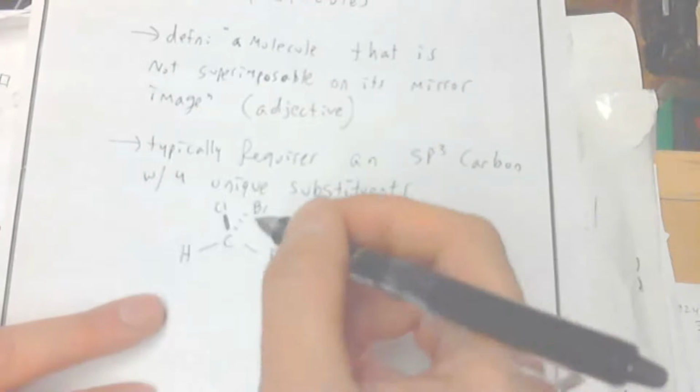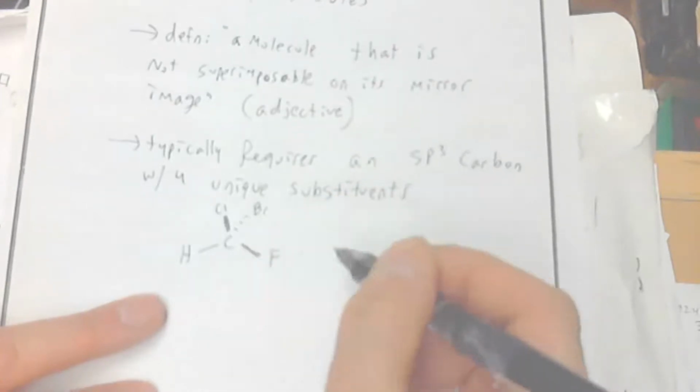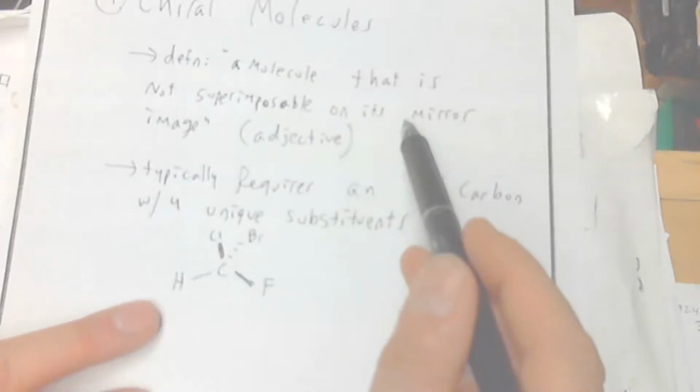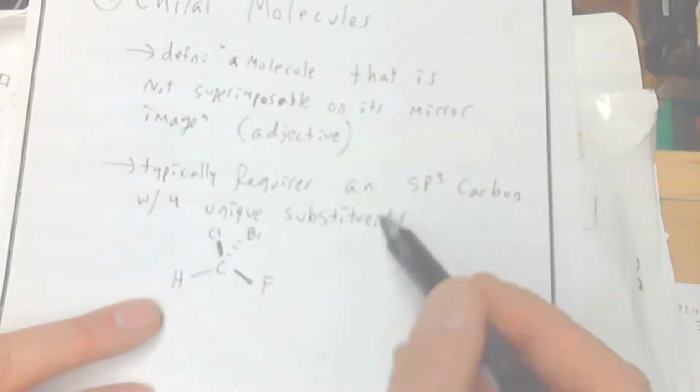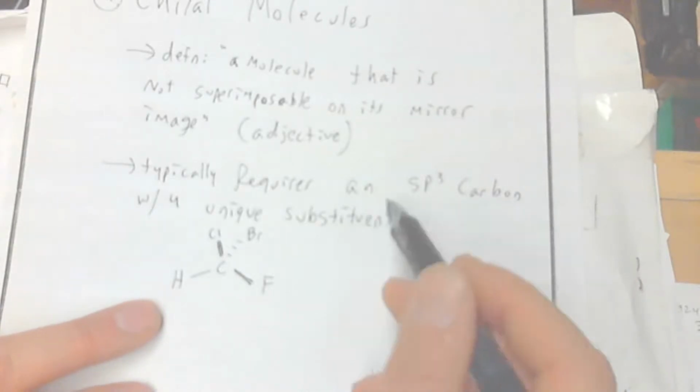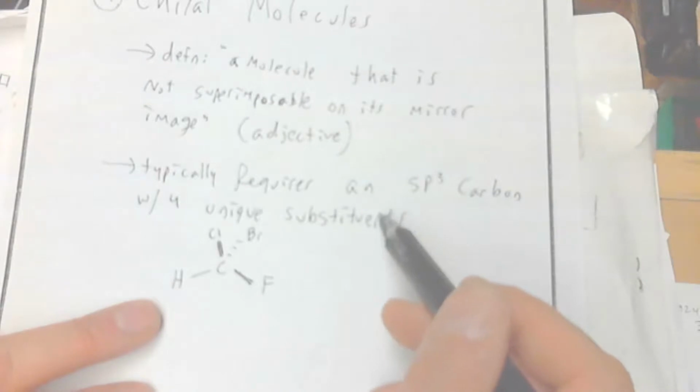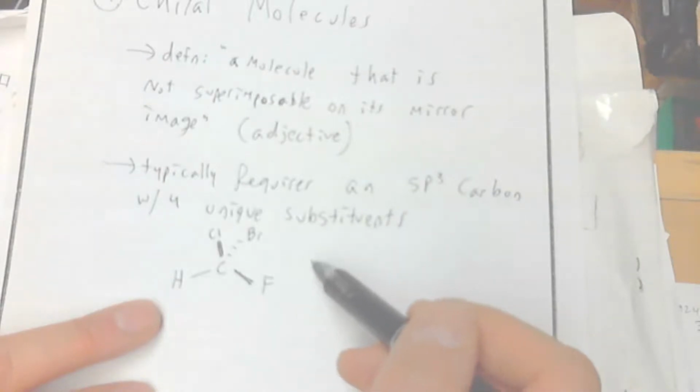If it is chiral and it has a non-superimposable mirror image, then we should be able to draw that. There's multiple ways for us to draw this non-superimposable mirror image.